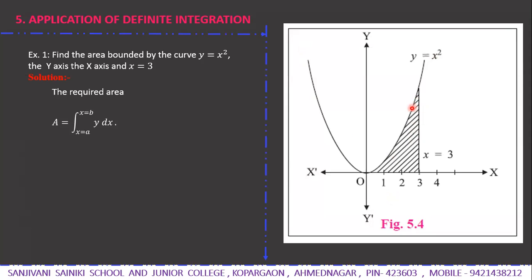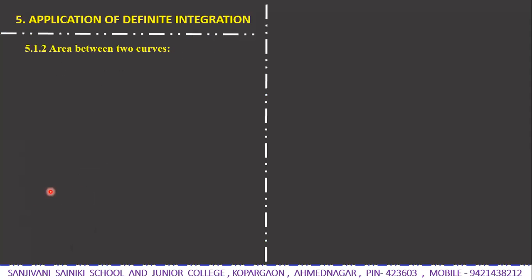This is the curve which bounds the area. So y is equal to x square. So 0 to 3 x square dx, its integral is x cube upon 3, lower limit and upper limit. So put upper limit minus lower limit, so you will get 9 minus 0, that is 9 square units. This is the area that we want to find out.